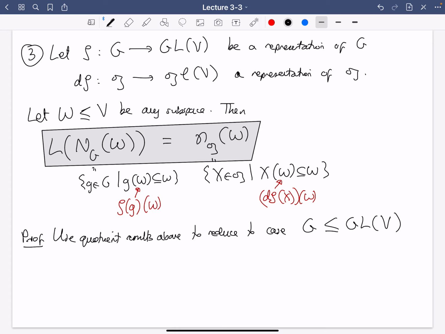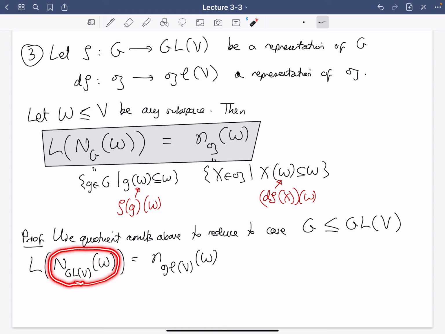And now you look at the normalizer of W inside the whole general linear group GLV, and you think, what's the Lie algebra of that? Well, the claim is that that's the normalizer inside the Lie algebra GLV of W. This is rather straightforward. You pick a basis for W and extend it to a basis for V, and then you can see this normalizer sitting inside there as block matrices.